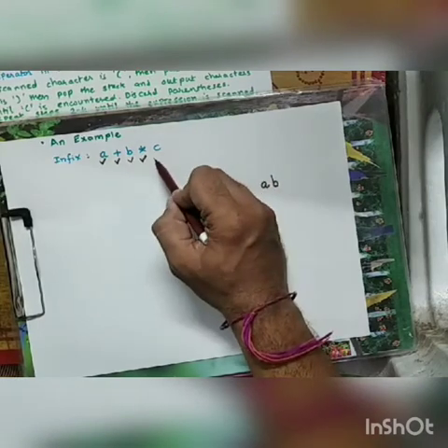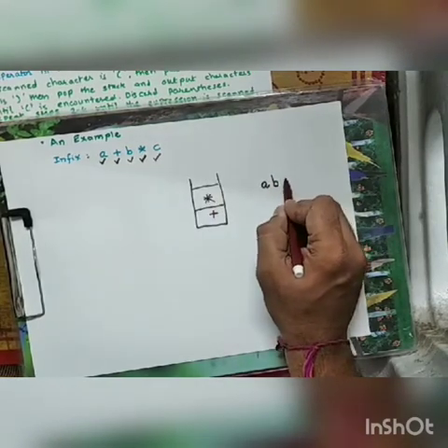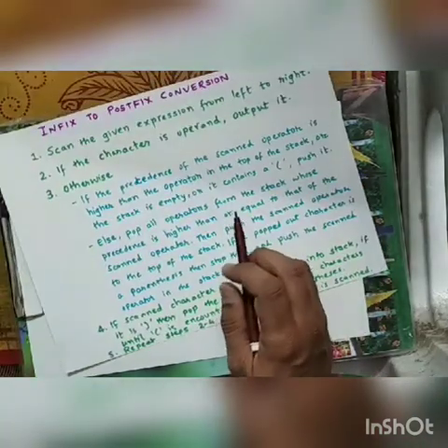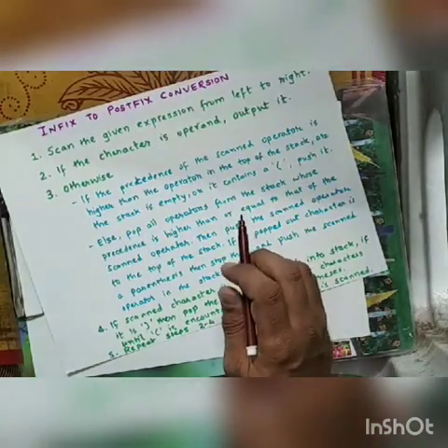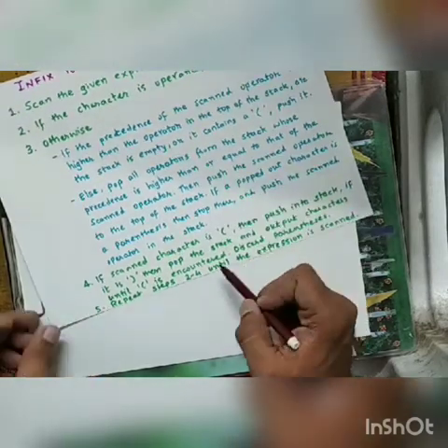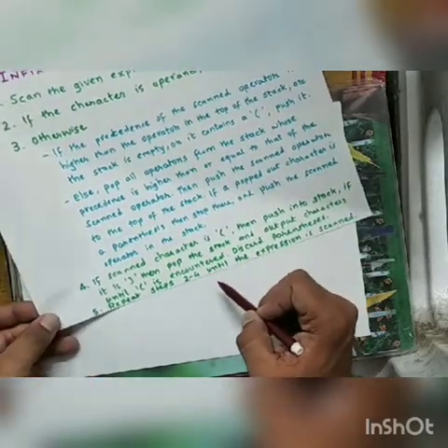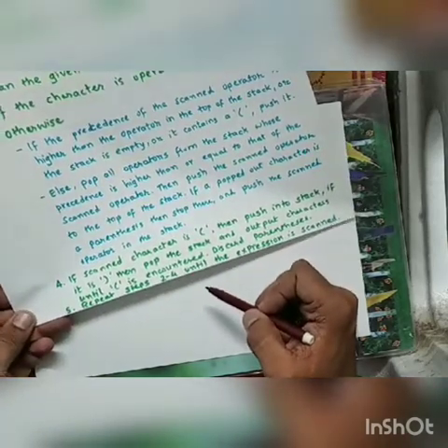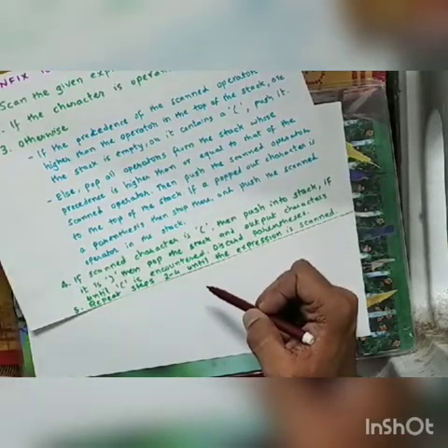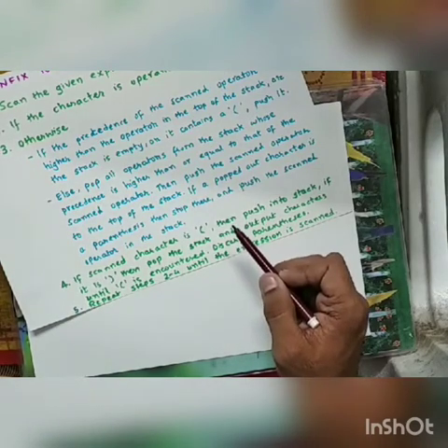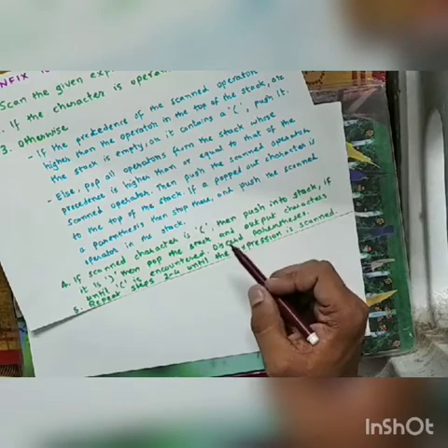The next character is c, so c will come over here. Now we have come to the end of the expression. What to do? We simply pop out all the elements from the stack, which are the operators arranged in their precedence order, and append them to the current output.